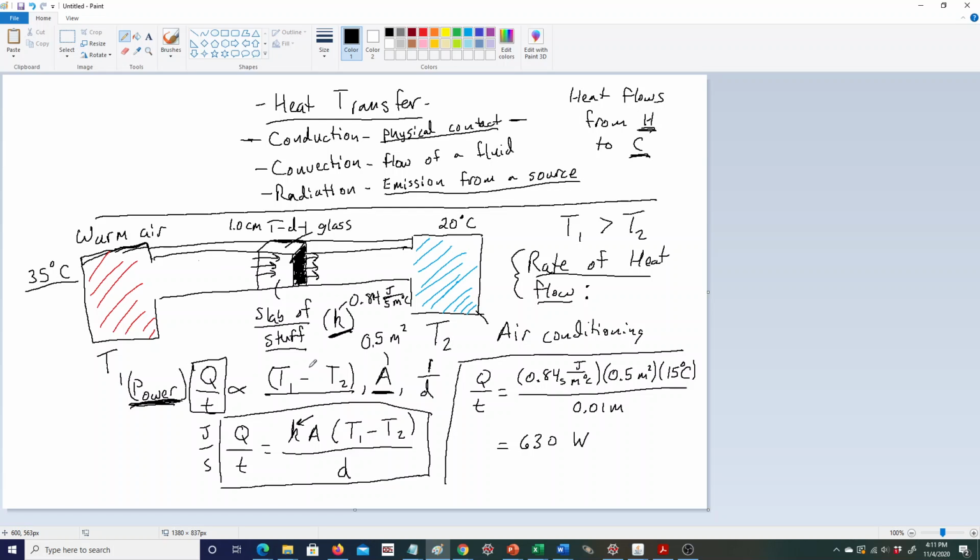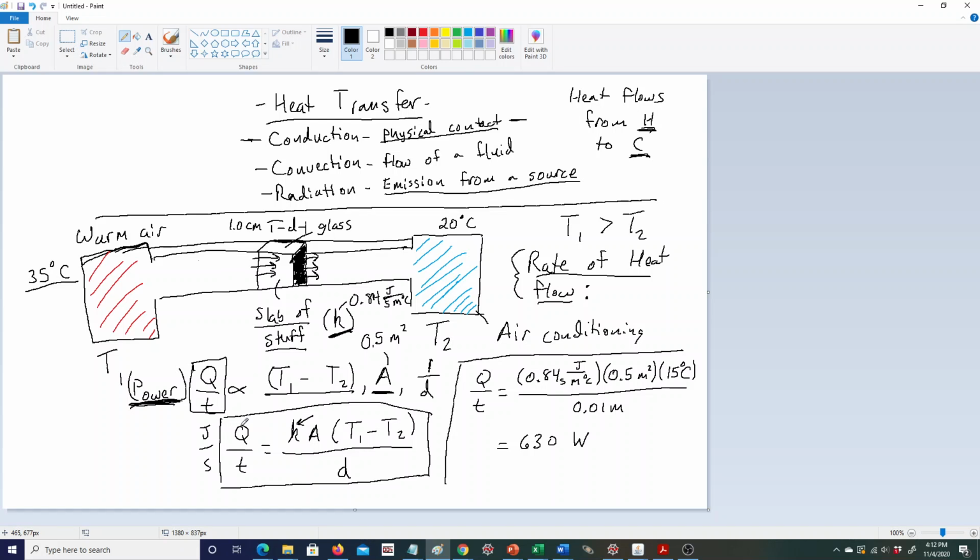This basically regulates, or it's a statement of regulation. The thermal conductivity doesn't necessarily regulate. The material regulates the flow, but how the material does so depends on its conductivity. So a very low K value is a very good insulator. A high K value is a good conductor of thermal power. And so you put all this together and you get this equation.